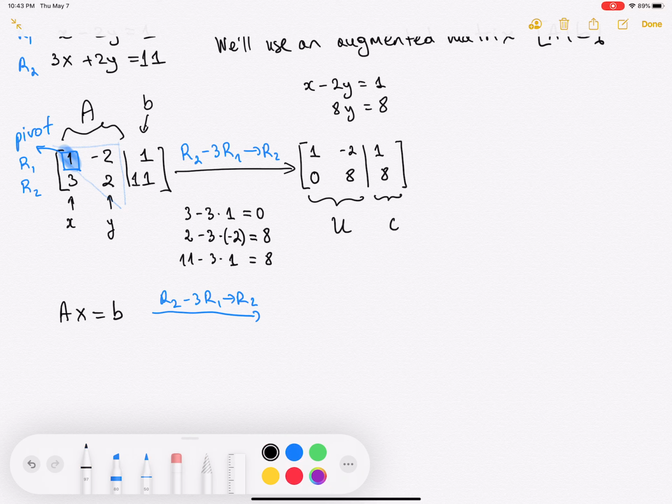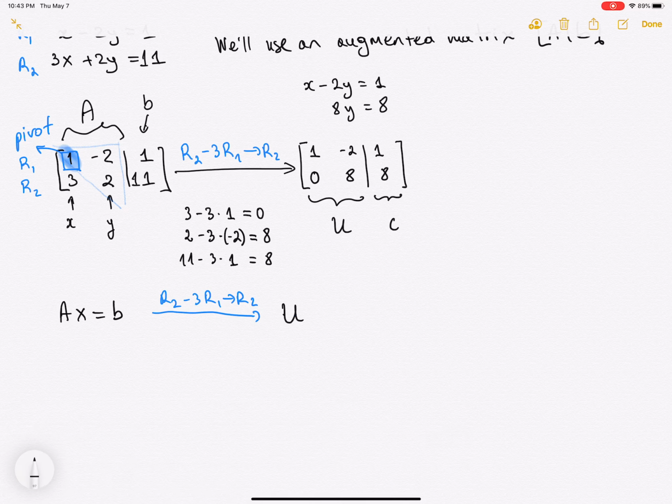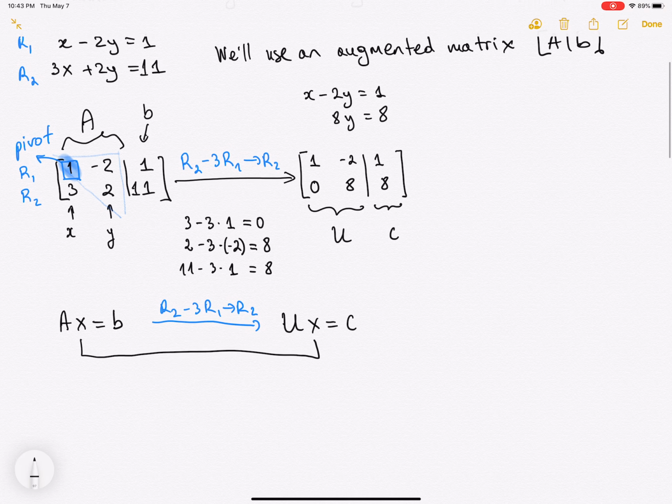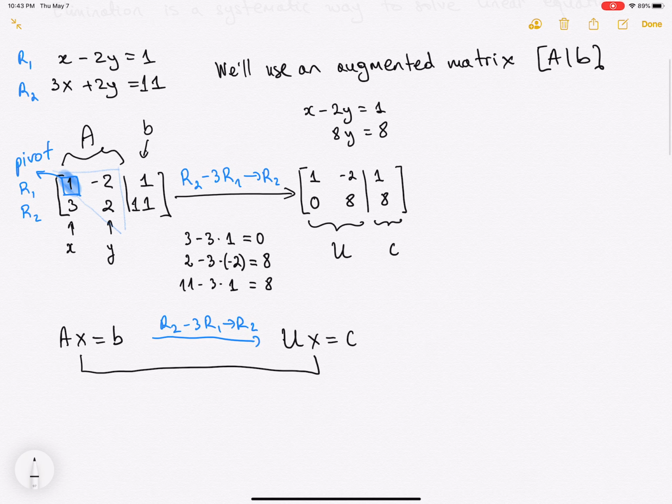And we produced a new system, UX equals C. What is the same in the two systems is X. The advantage of going into U is, well, we have a 0 there, and it's actually quite easy to solve that system using another part of the elimination process, which is actually called back substitution.